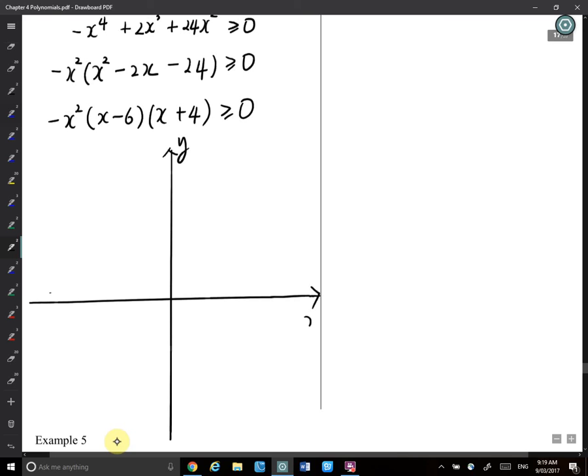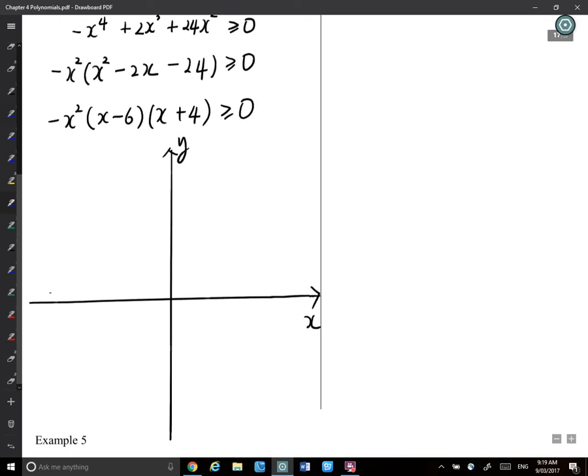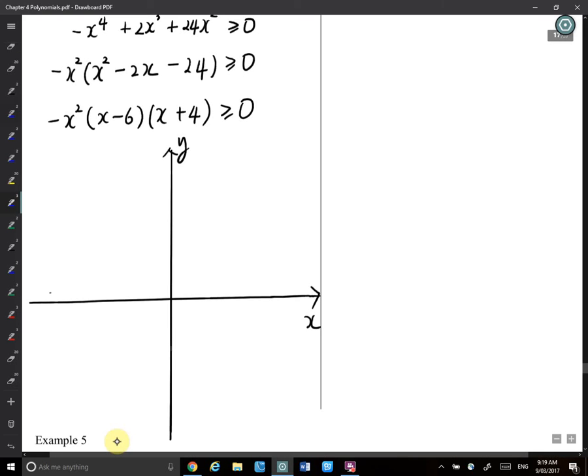Okay, you have y, you have x, and then you have the intercept. You have 0, 0, but you have x squared, which is x times x. So you have the point 0, 0 here, but that will be a turning point. And you have 6, 0, which is here, and you have -4, 0, which is here.